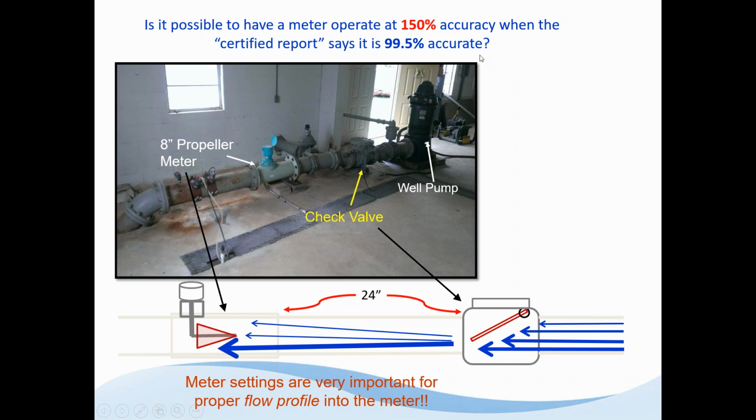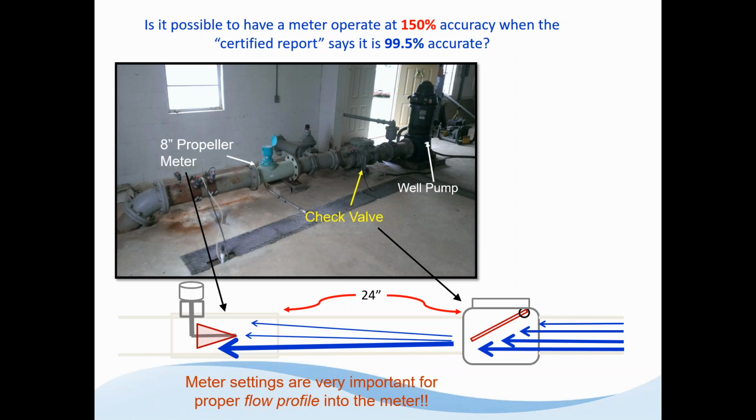In this case, your water loss isn't as bad as you think, but it's worse if you're putting in accuracy limits that are lower than what's really happening. So all those things come into play. That's why meter testing is so invaluable. Actual information provided is so invaluable when you're doing these types of programs and your audit.